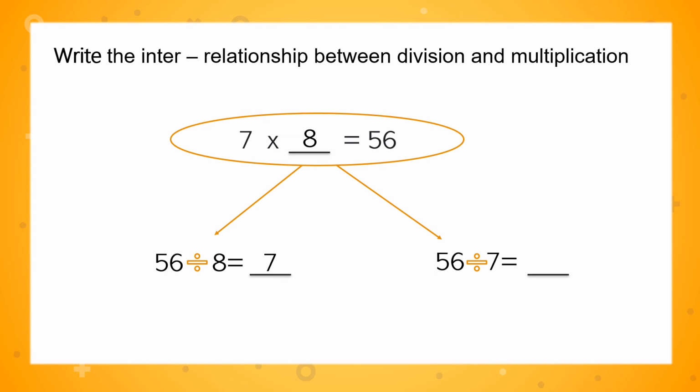So 7 ones are 7, 7 twos are 14, 7 threes are 21, 7 fours are 28, 7 fives are 35, 7 sixes are 42, 7 sevens are 49 and 7 eights are 56. So we will write here the answer 8. 56 divided by 7 is equal to 8.